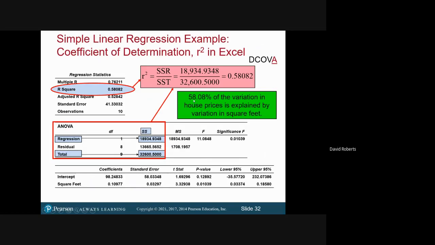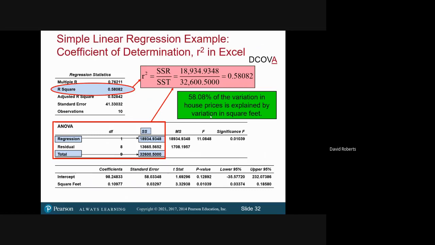What that means is 58.08% of the variation is explained by square footage. What it also means, based on our model, is that 42%, or 41.92% to be exact, is not explained by our model. So 58% of the reason why the price of a house changes is explained by the square footage. That's fairly simple to understand.